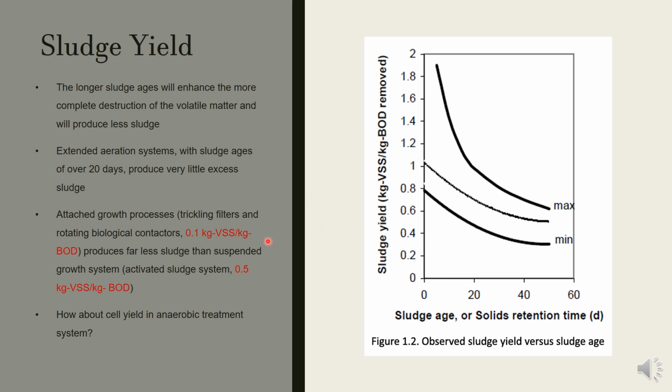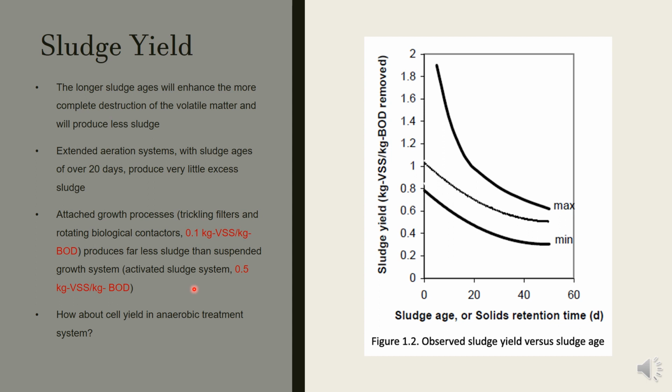But in suspended growth systems, the biomass is not attached anywhere and it is floating on the water. So that's why its sludge age is very short and it has higher sludge yield.